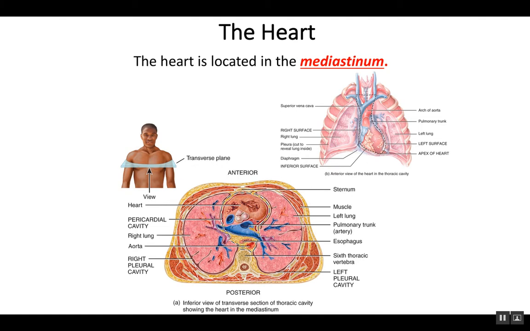But it's also getting deoxygenated blood, blood that already was distributed throughout the body and has to now return to the heart. So the heart is dealing with two separate circuits. The pulmonary circuit, which is sending blood to and from the lungs, and then the systemic circuit, which is the circuit that distributes oxygenated blood to all tissues of the body.